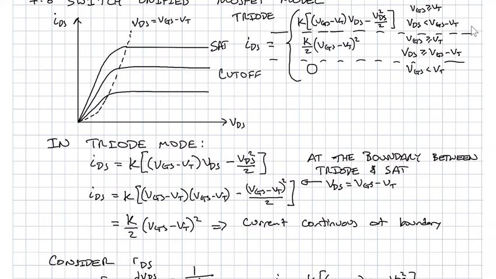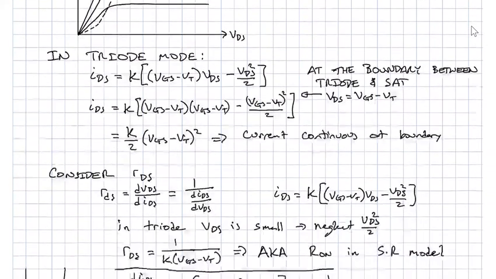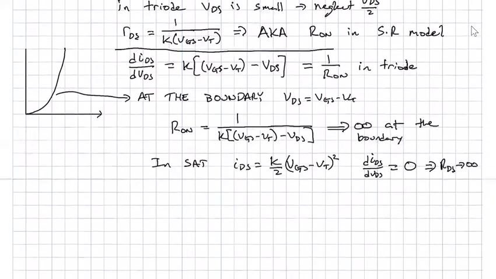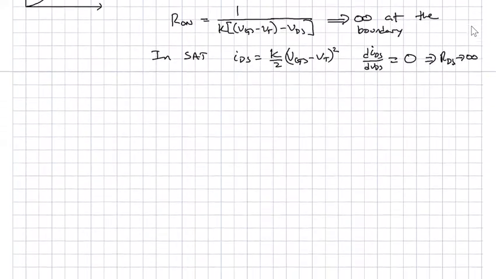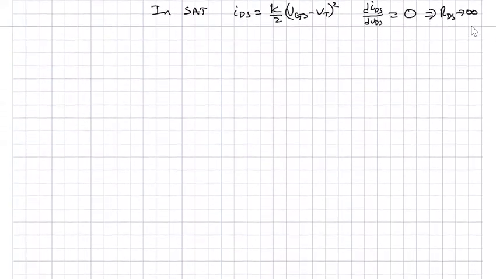But by and large, for most purposes, we are not going to be using this unified model. We'll either stick with triode, where we model it as a switched resistor, or as a switched current source in saturation. Having said that, we'll do one quick example here.